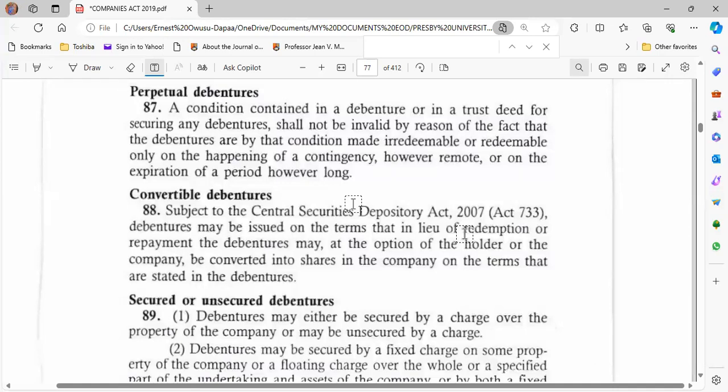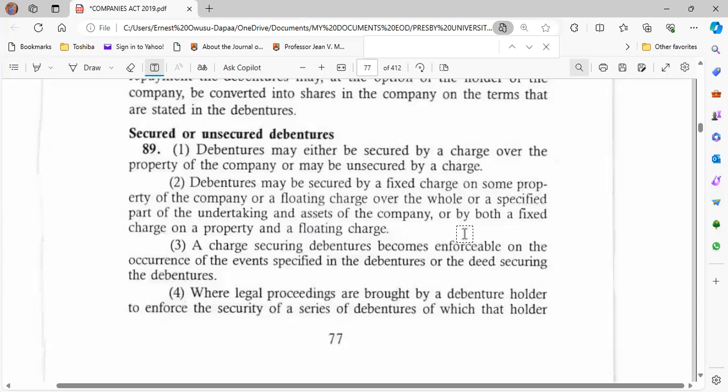And where it is created, that possibility will be stated: that under the following conditions, or when this and this happens, or at this particular time, the debenture holder may exercise an option, may elect, or the company may exercise an option and invite the debenture holder to have his debentures converted into shares, so that he will not just be a lone creditor of the company, but he will be one of the members or shareholders of the company, as it were.